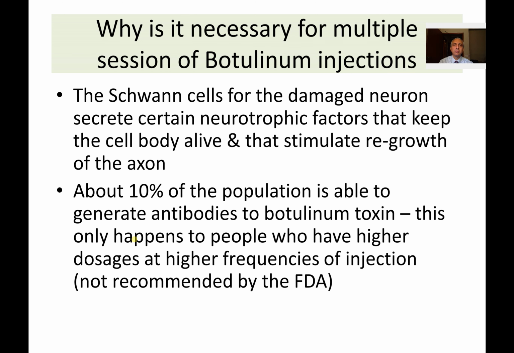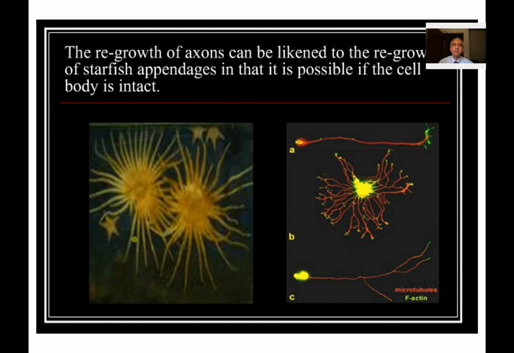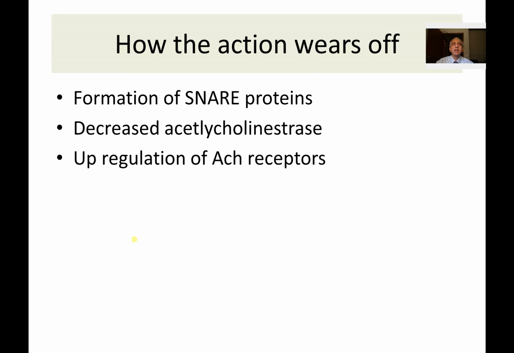So it is recommended that you do not use botulinum toxin at intervals of less than 3 months, and the dose should be kept at the levels recommended by the FDA. And the regrowth of axons can be likened to the regrowth of a starfish's appendages, in that it is possible if the cell body is intact.